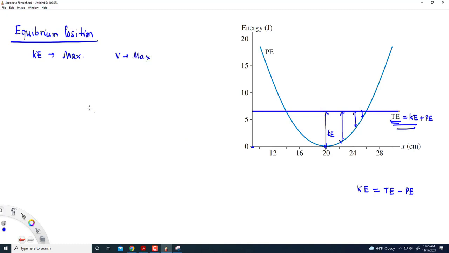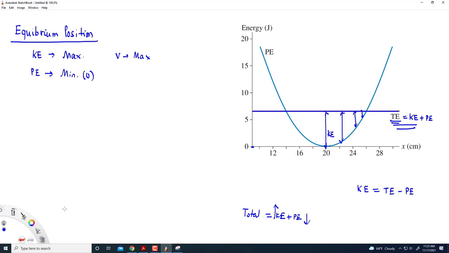How about potential energy? Total energy is always the same. If kinetic is maximum, what should potential be then? It's 0 or minimum, right? So at equilibrium, it's minimum, or you can also say it's 0. So look at this graph and see where the potential energy is 0 or minimum.